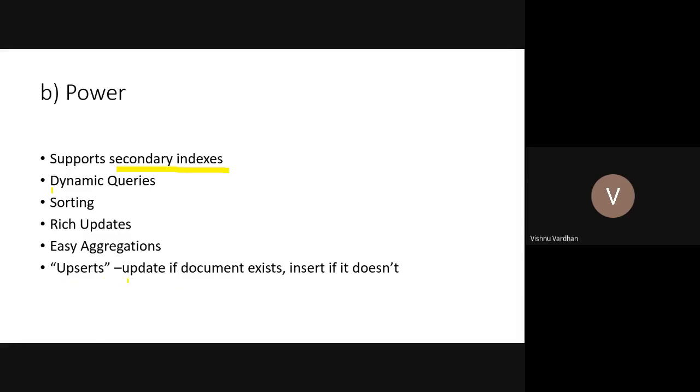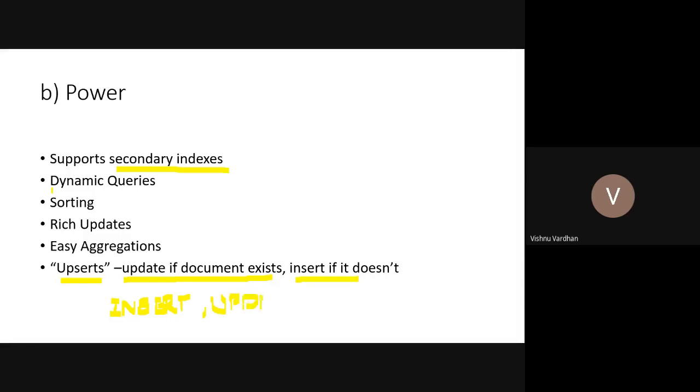If the document exists, then it will update. If the document does not exist, it will insert. That is called an upsert. It is in place of insert plus update. Both terms are combined, giving rise to upserts. So it is up, and it is set.